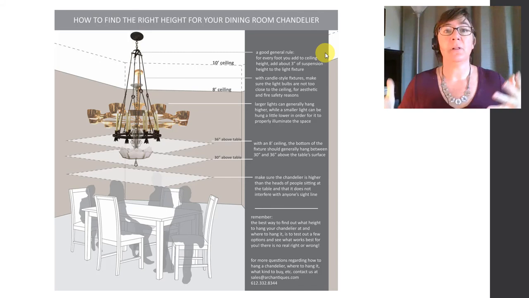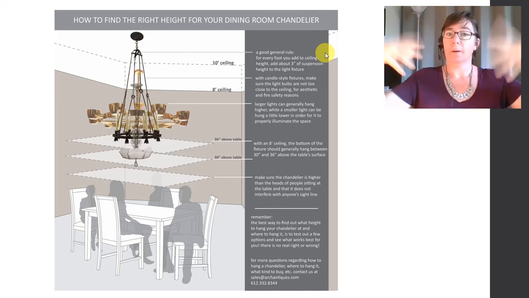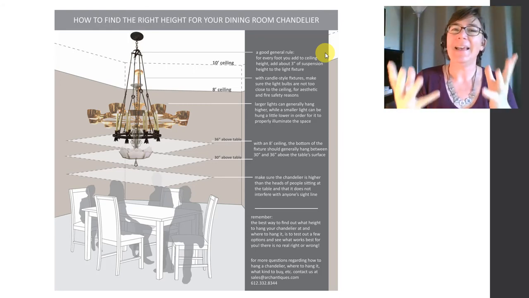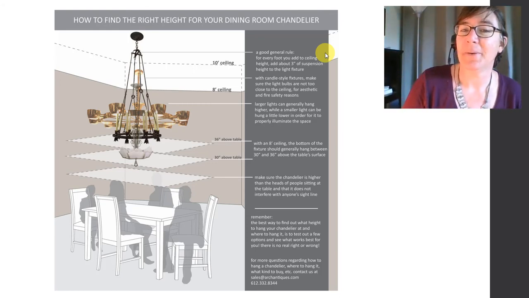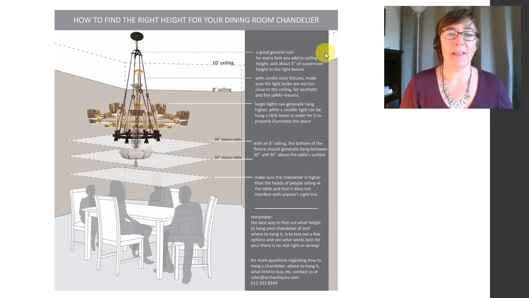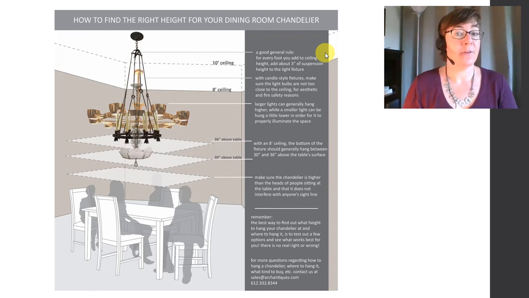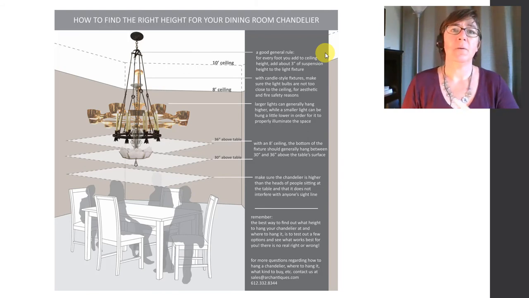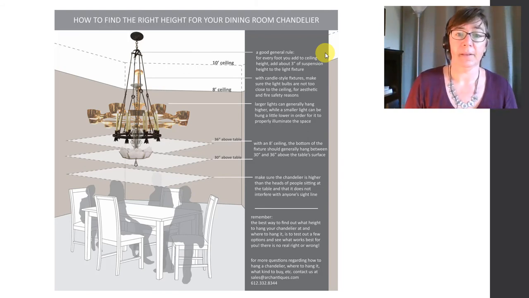In general, larger lights can hang higher. A smaller light might need to hang a little bit lower for it to feel right in the space. So for a typical 8-foot ceiling, the bottom of the fixture should be between 30 and 36 inches above the surface, which is what the last slide said also.